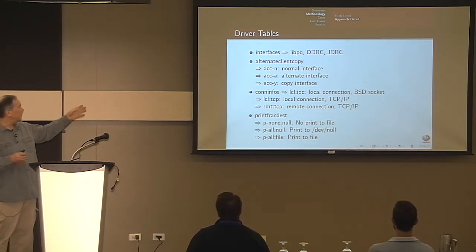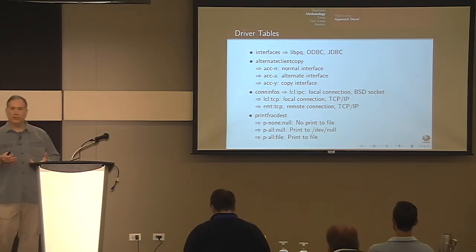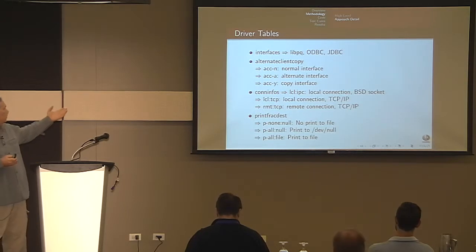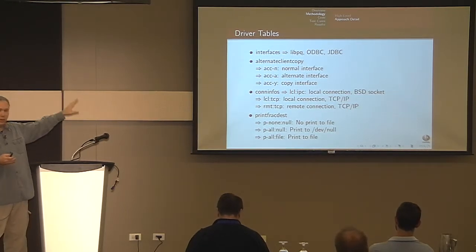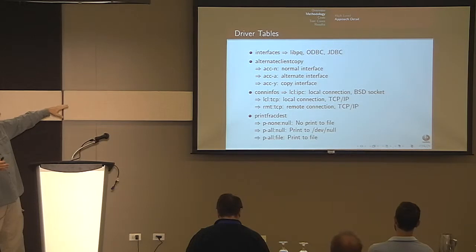This alternate client copy table is what's handling which interface we're going to test for the driver. So the ACC, and I've used shorthand through a lot of this because there's so many different conditions, it would get really verbose on the slides and hard to keep track of. And so I've got a lot of shorthand in here.